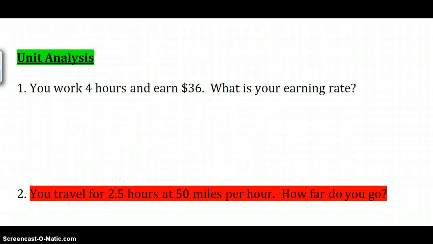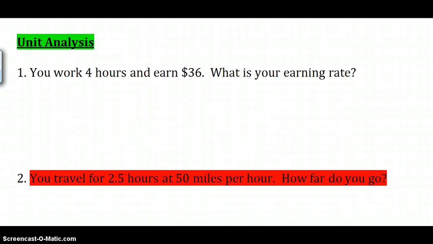The next thing I have is talking about unit analysis. These problems use the units to figure out the solution to the problem. So on all of these, you want to keep your units with your number. For this first one, it says you work 4 hours and earn $36. What is your earning rate? To find our earning rate would be dollars per hour.